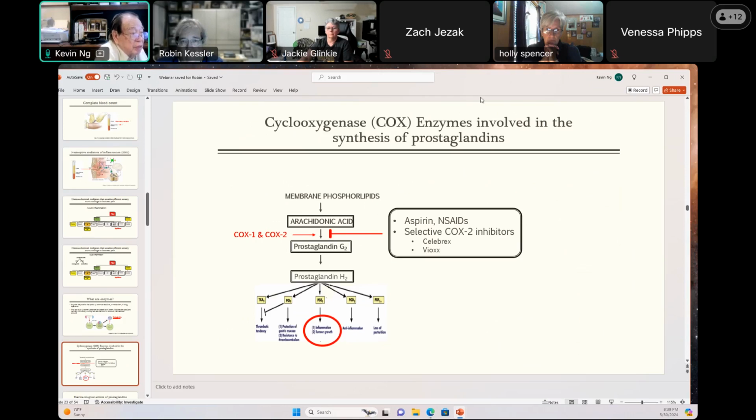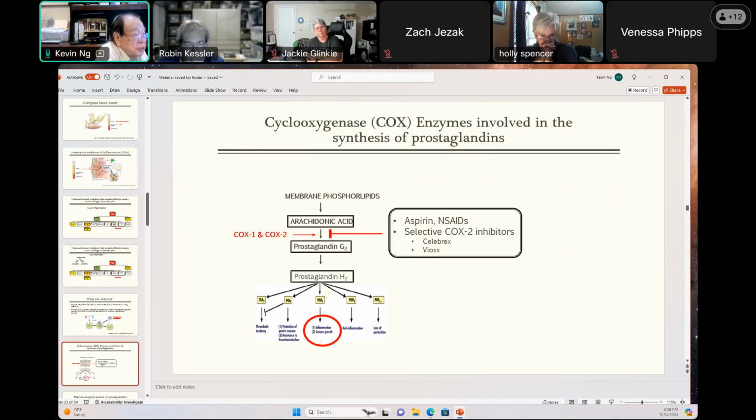So the warning came out from the professional bodies, and the FDA has now banned 2 of these selective blockers, leaving Celebrex as the only one. You can use it only for a short time. So this is the story of how aspirin behaves: good, bad, and ugly.